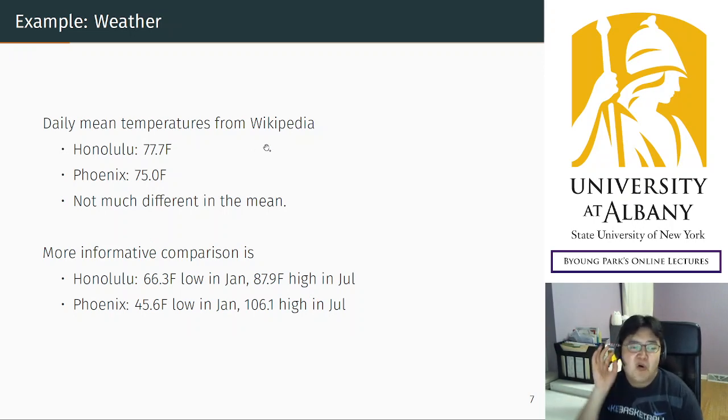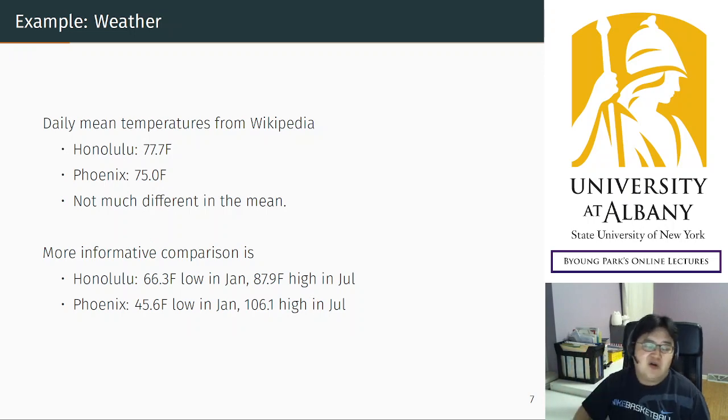For a more informative comparison to contrast the weather in these two cities, you'd better say something like this. In Honolulu, in January, in winter, the temperature goes down as low as 66.